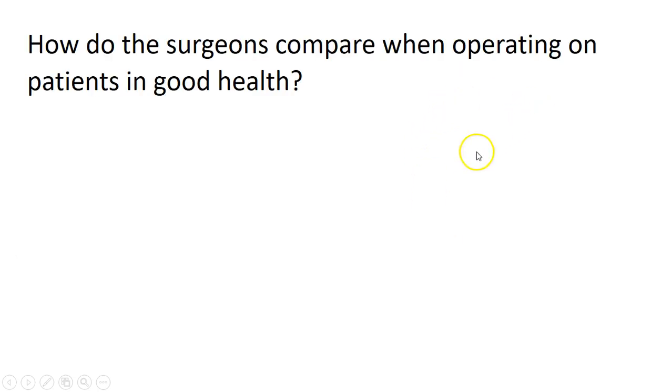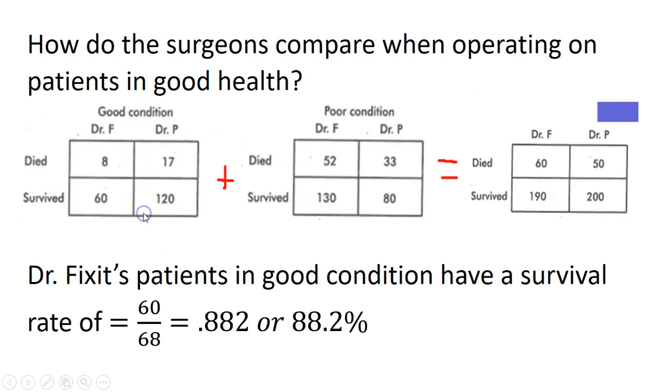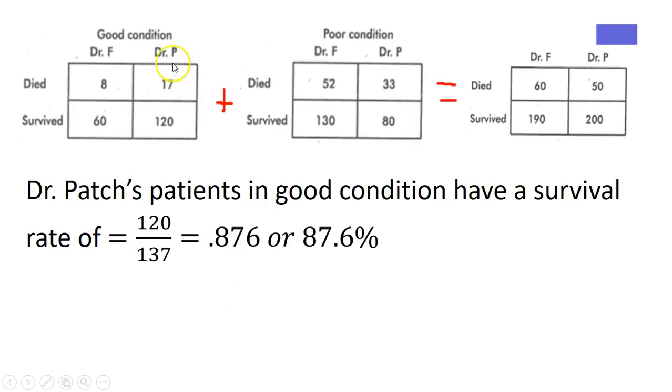So how do the surgeons compare when operating on patients in good health? Well, if they were in good health, Dr. Fixit operated on 68 people in good health, and 60 survived. That's 88%. And Dr. Patch over here, 120 survived out of that, which is 87%. Technically, Dr. Fixit did better on patients that were in good health.